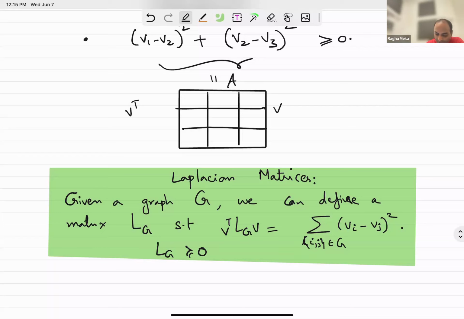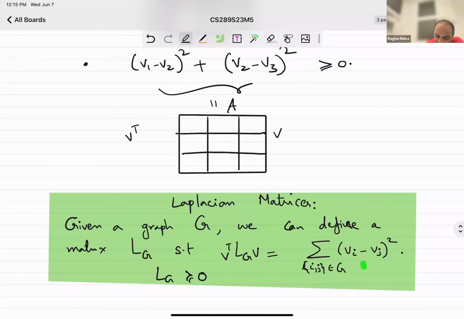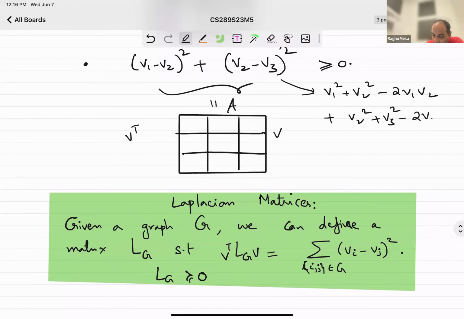For instance, if you do it here, what is this? This is V1 squared plus V2 squared minus 2V1V2 plus V2 squared plus V3 squared minus 2V2V3. Let's make it into a matrix. I will get 1 here.